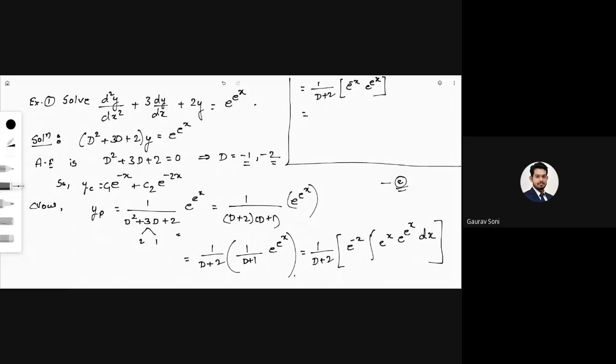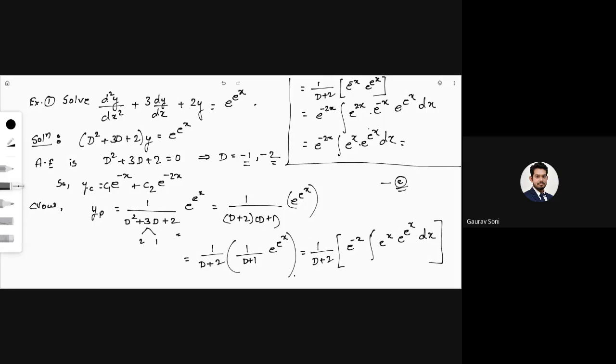Now apply D plus 2, so that will be e to the power minus 2x, integration e to the power 2x, and the bracketed term e to the power minus x, e to the power x dx. So e to the power minus 2x, integration e to the power x, e to the power x dx.